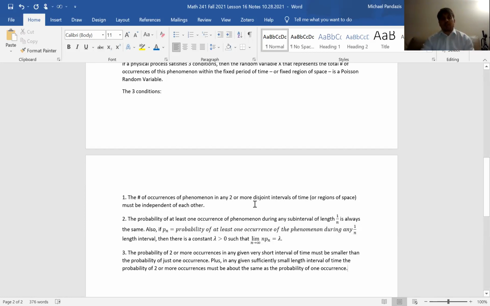So here's the third condition. The probability of two or more occurrences in any given very short interval of time must be smaller than the probability of just one occurrence.